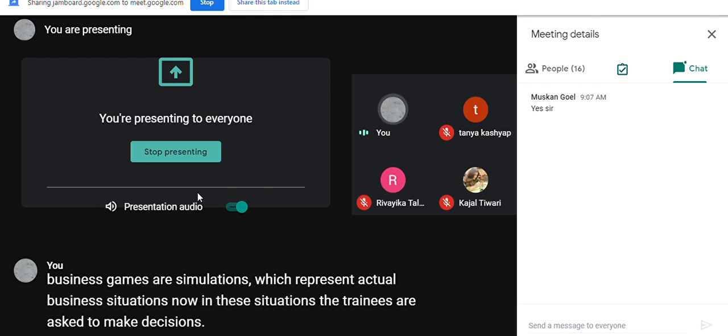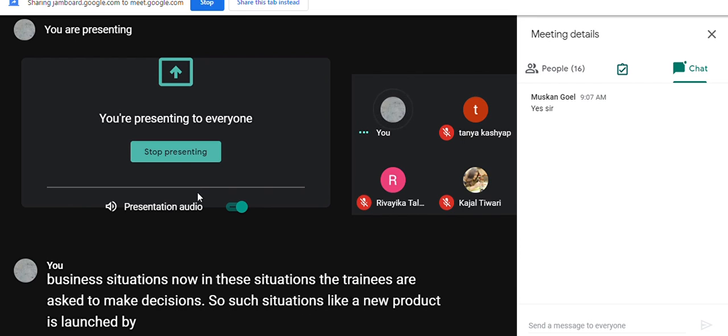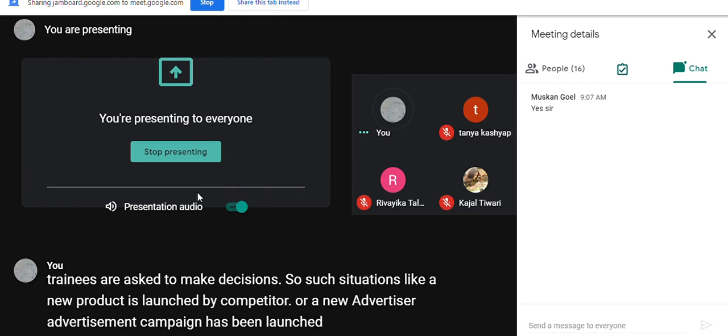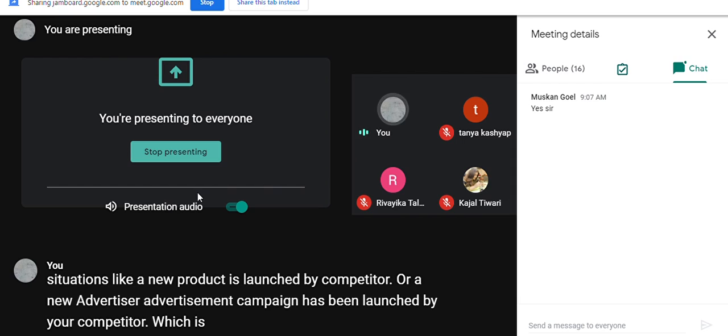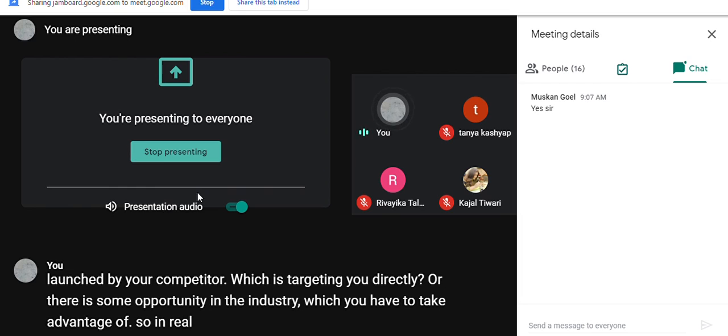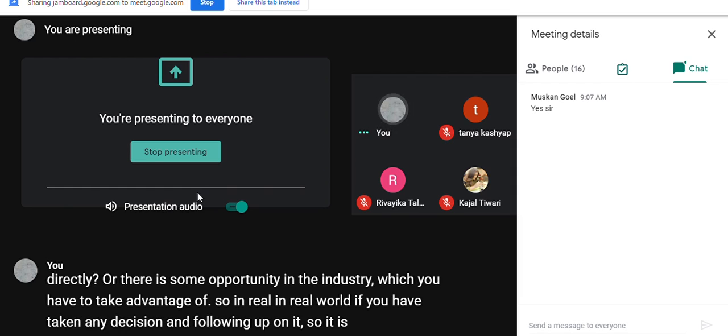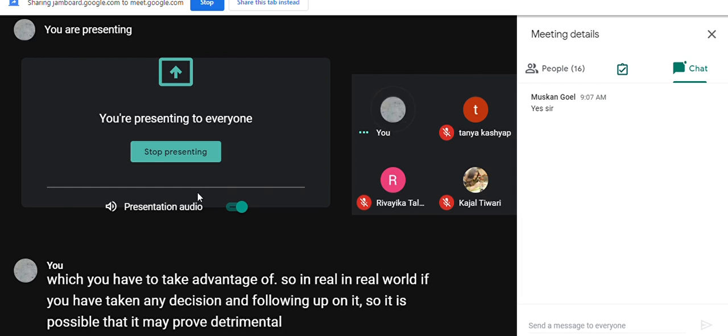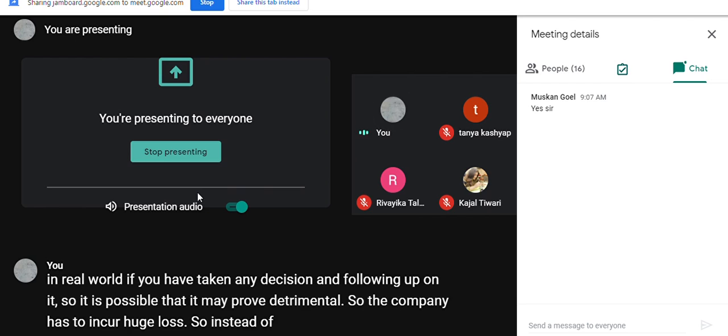Such situations like a new product launched by a competitor, or a new advertisement campaign launched by your competitor which is targeting you directly, or there is some opportunity in the industry which you have to take advantage of. In the real world, if you have taken any decision and followed up on it, it is possible that it may prove detrimental. So the company has to incur huge loss. So instead of that, it is done under simulations.